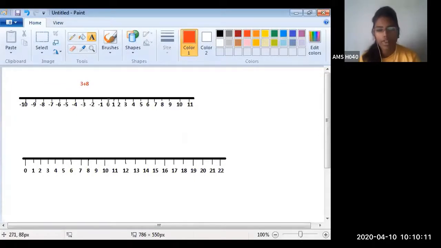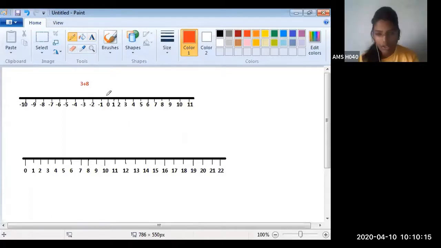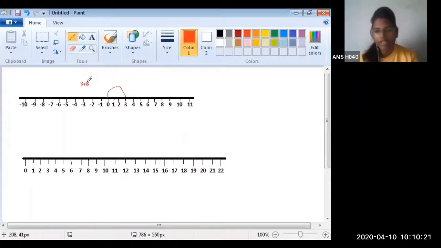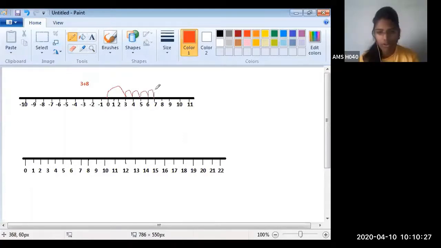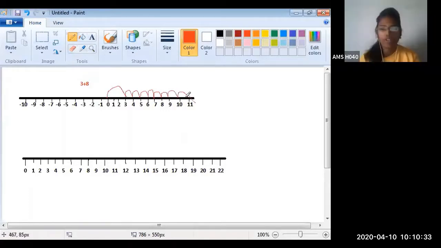From 0 we should take 3. Then they said plus 8 numbers. Yes or no? So 1, 2, 3, 4, 5, 6, 7 and 8. So the total final answer will be 11. Did you get it? Yes.